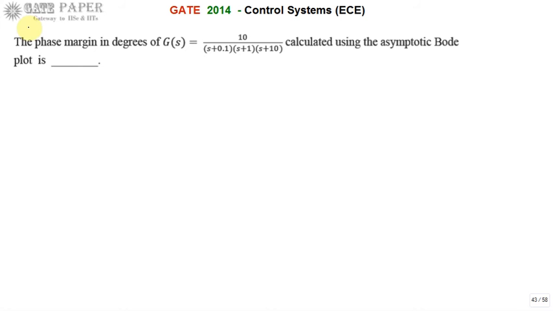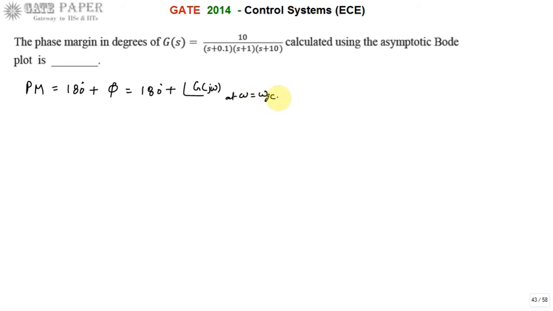So for this one, phase margin can be calculated as 180 degrees plus phi. This phi is nothing but the phase angle of the given G(s), and it can be calculated as the phase angle of G(j omega) at omega equal to omega gc.